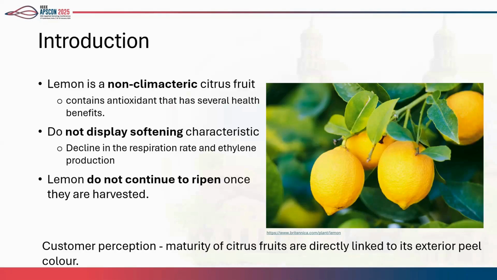So having said that, the customer perception is that the maturity of citrus fruits basically depends upon the exterior peel, which is one of the criteria people use when they try to buy citrus fruits.